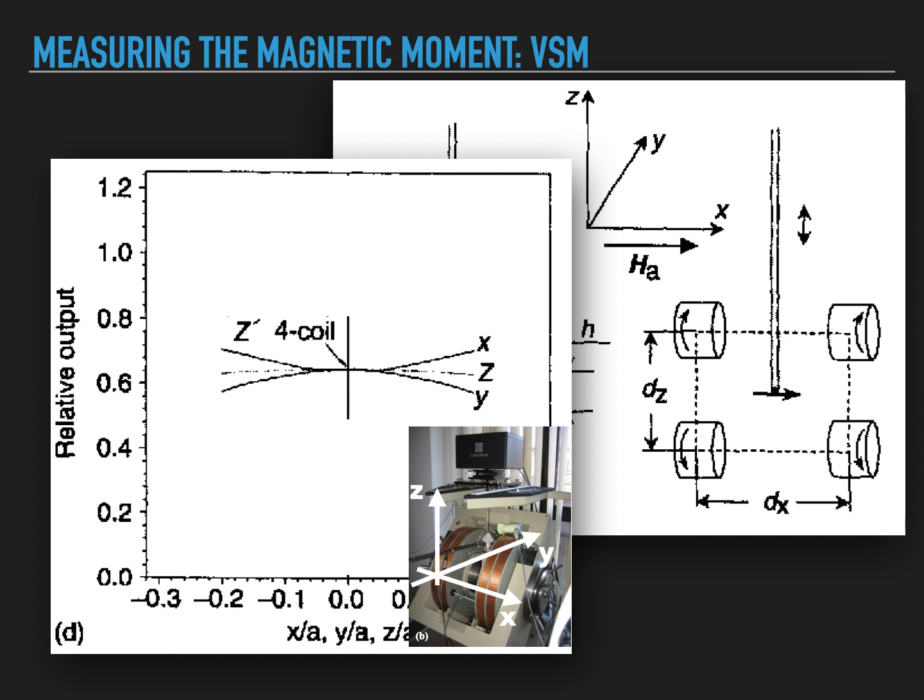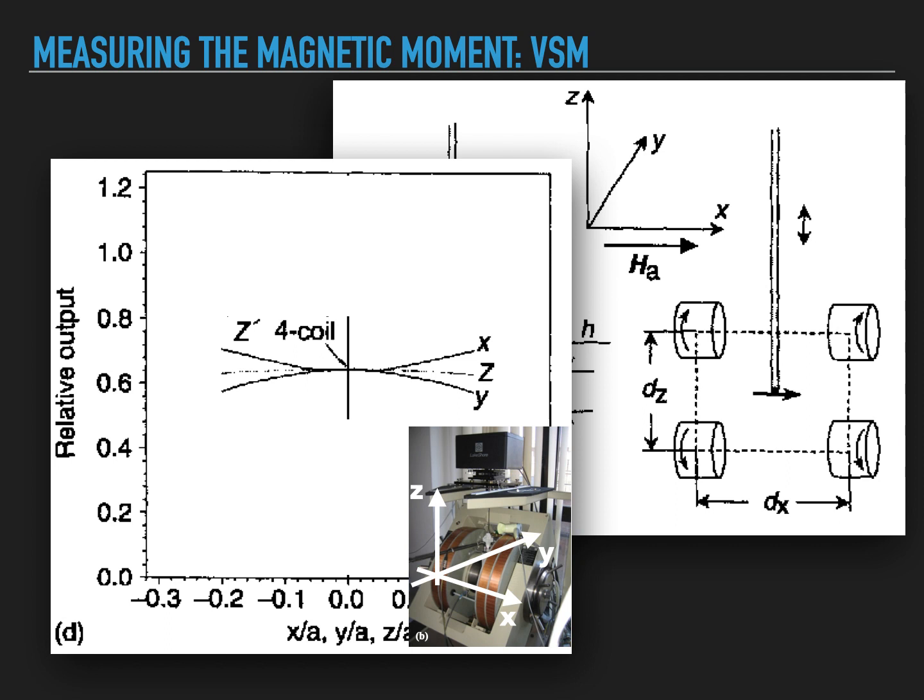Let's start discussing the position along the Z direction, the vertical one. Let's assume that the sample is very far away from the gap of the magnet, so also far away from the pickup coils. The signal that they will measure is close to zero. Then you approach along the Z direction the pickup coils and the signal increases.